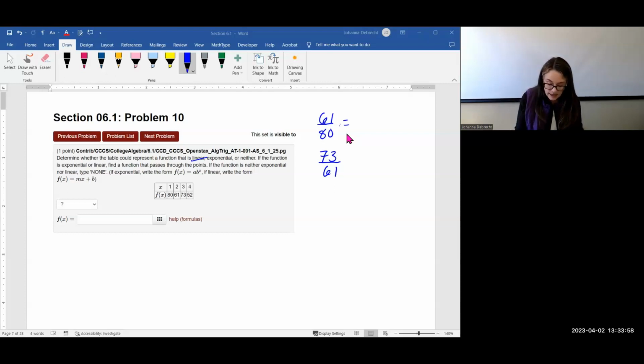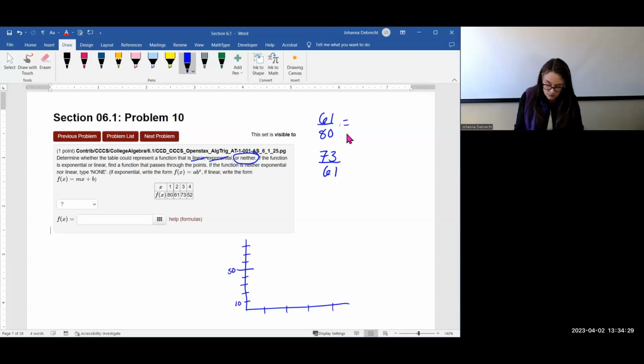And that means that it must, in fact, be neither, which means we don't have any work we have to do. It's not either one. And if we were to plot something like this on the graph, we've got x equal 1, 2, 3, and 4. And it looks like I need to go from 50 to 80. So let's go by 10, and then 20, 30, 40, 50, 60, 70, 80.